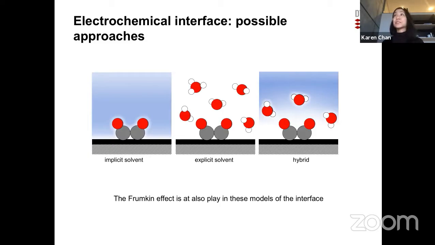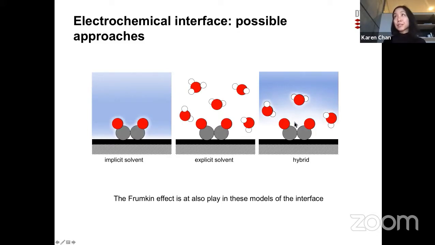And I show in cartoons here just a couple approaches to that, the most common ones. And so if we are not dealing with proton-electron transfers, one can imagine that we can use the fully implicit or continuum approximation to the electrolyte. One can also think of working fully explicitly, which is more computationally demanding and comes with sampling issues. Or more and more, there is a drive towards hybrid approaches, which is a hybrid of explicit solvents with some implicit model of the electrolyte.